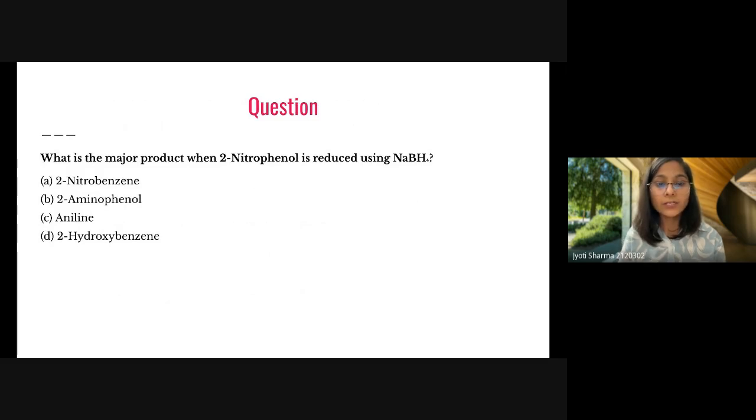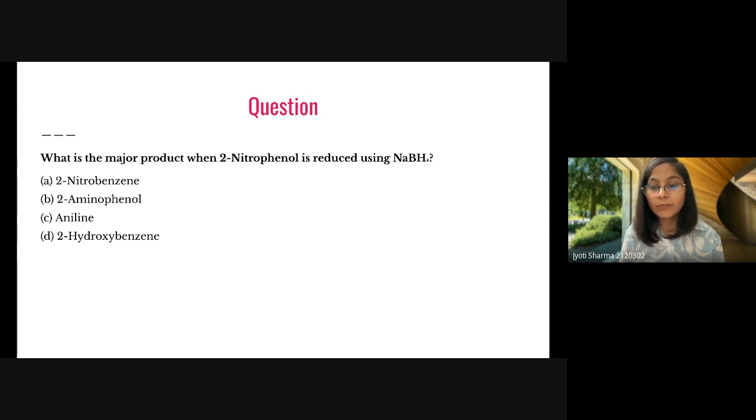Okay. What is the major product when 2-nitrophenol is reduced using NaBH4? What major product will you get when this 2-nitrophenol is reduced? If it is the reduction, then this nitro group will change into the amine group, right?